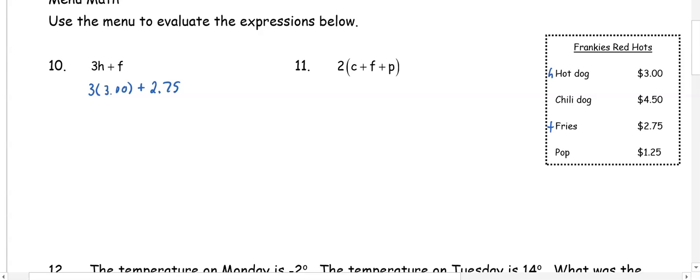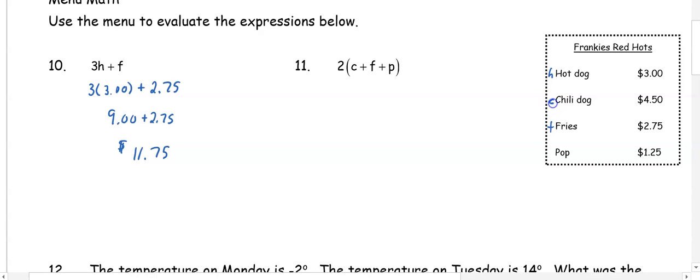So first we're going to multiply the 3 times the $3, and that gets us $9 plus $2.75 for the fries. So their total is going to be $11.75.